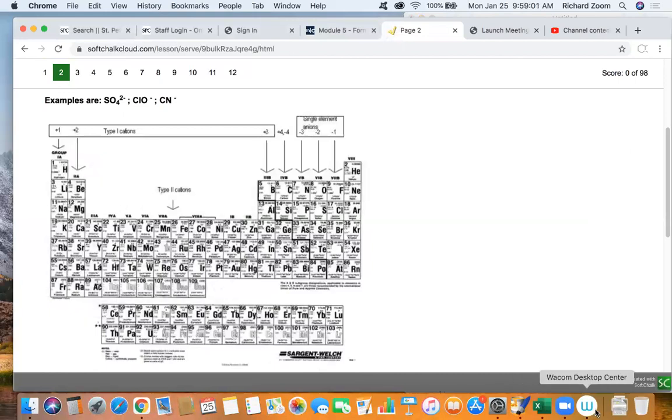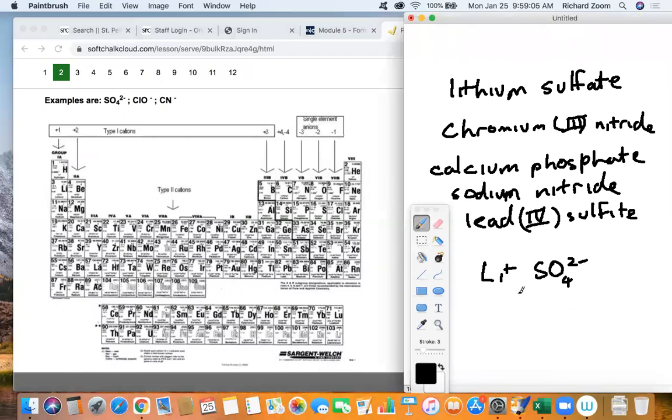So we know it's 1 plus. And then you're asking the question, how many of each do I need to make this even out? Well, then it becomes Li2SO4. Does anybody have any questions?